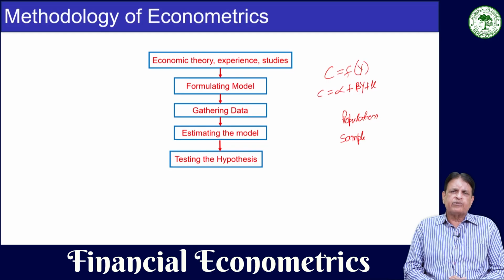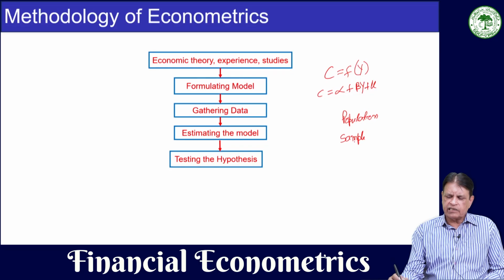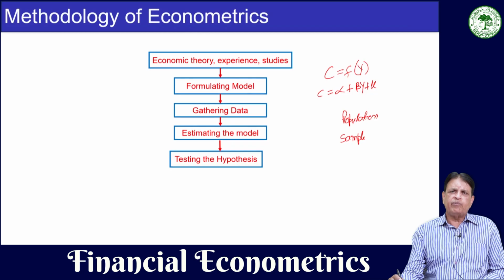Now, in the case of a sample study, we are taking a sample from the population and this sample is being used for carrying out the estimation of the model, but we are getting the results on the basis of the sample. We want to know how far these results obtained from the sample are closer to the results from the population.